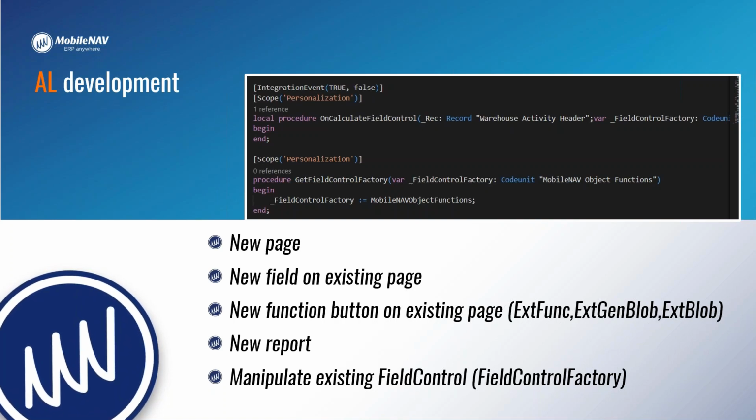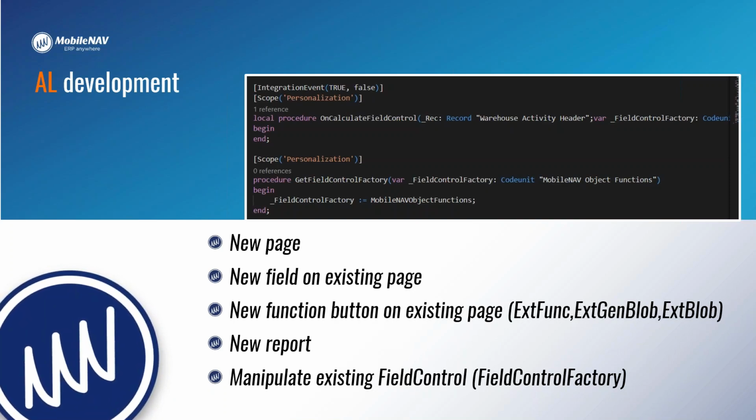So you can subscribe to that, and it will be fired. And with the field control factory code unit, with the MobileNAV object functions, you can add extra field controls, or even reset the actual field control and do your custom field control commands.